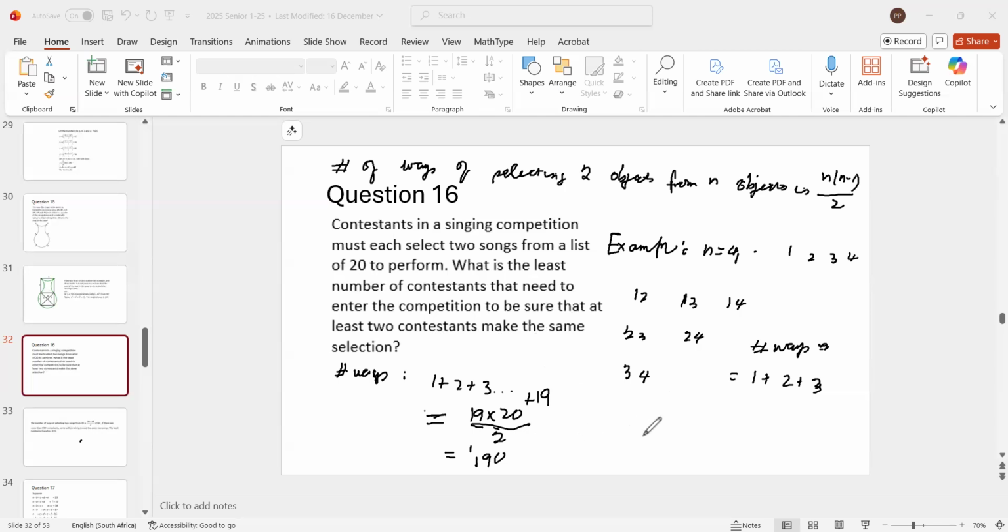If there were 190 contestants, each one of them can make different selections.